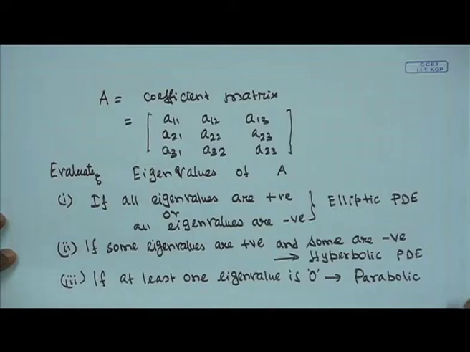Okay. So, by looking into the coefficient matrix of the order 2 terms in a 3 variable problem, we can get the coefficient matrix. By evaluating the eigenvalues of the coefficient matrix and looking into the sign of the eigenvalues and their values, we can come to know about the nature of the partial differential equation we are dealing with. Now, we will be going through some examples in order to explain this further.